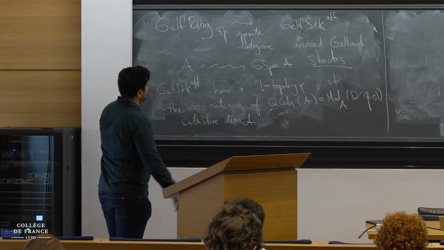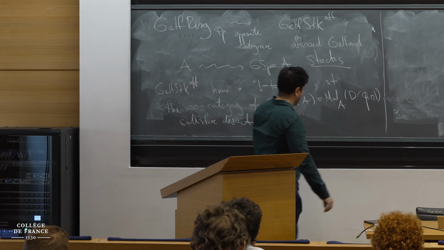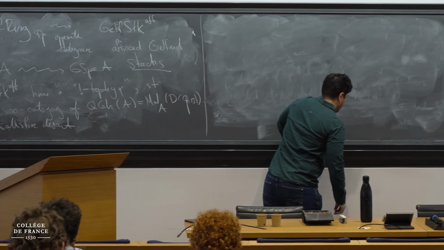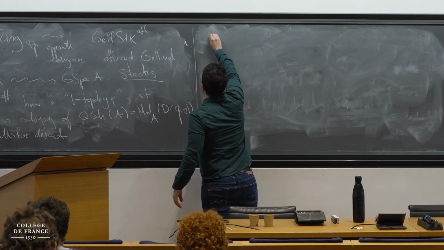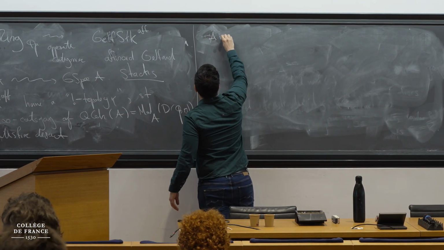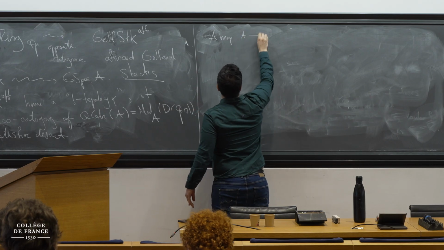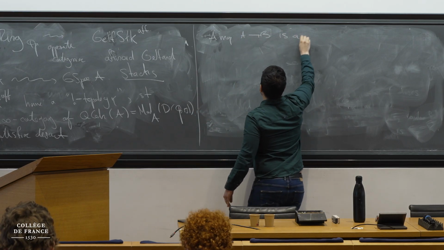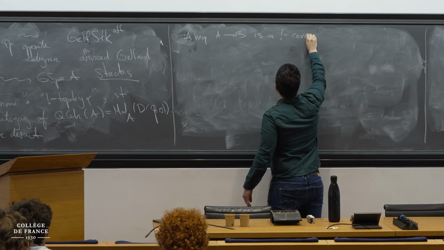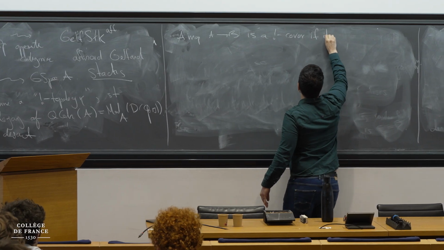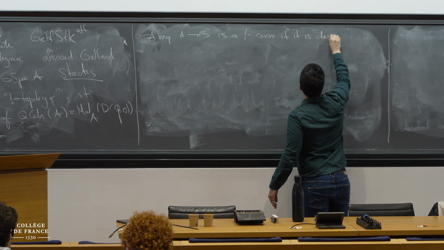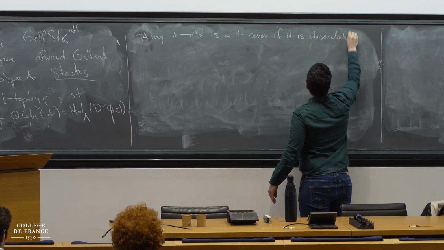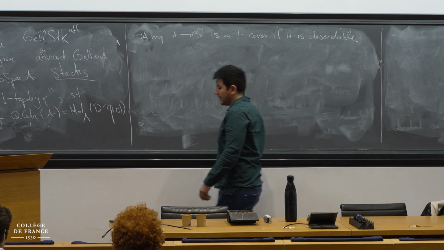So you can define this strict topology, for those that know the terminology that is used in this theory. Basically, a map is a strict cover if it is descendable, in the style of Akhil Mathew.